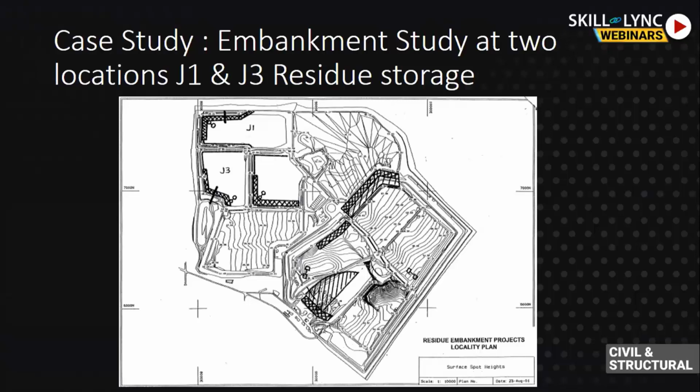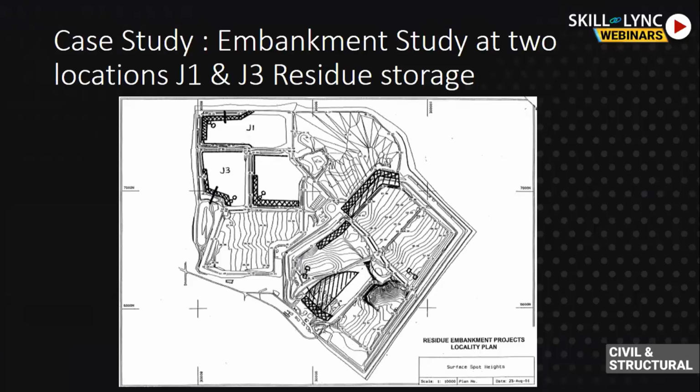This case study basically deals with whether the embankments J1 and J3 have enough compaction and whether they can withstand the tailings, the solids and liquids collected in that area from the aluminium refinery placed nearby.